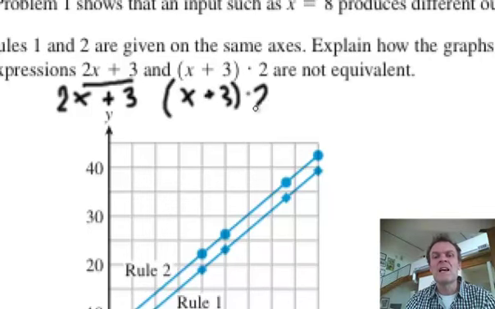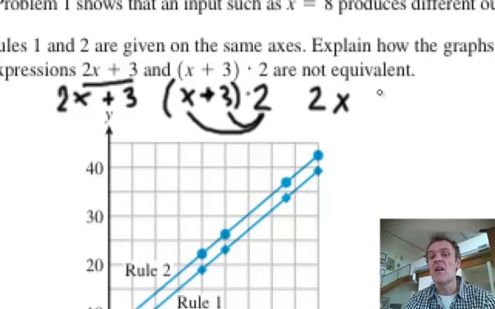Now, for those of you who know the distributive law, let's look at this. If I have an x plus 3 and I multiply it by 2, I've got to multiply both of these things by 2. Look at this. 2 times an x is 2x. 2 times a 3 is 6.